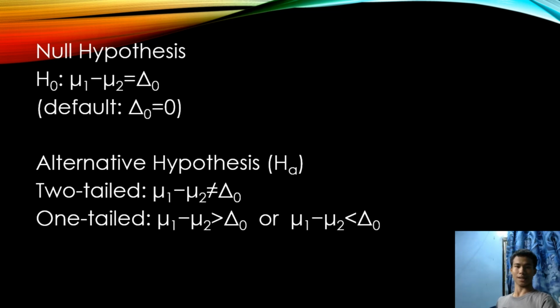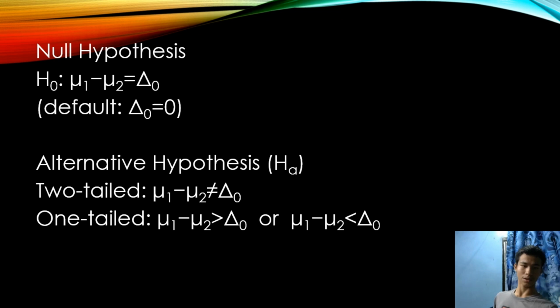The alternative hypothesis is a statement used in statistical inference experiments. It is contradictory to the null hypothesis. The alternative hypothesis has two formulas, one for two-tailed and one for one-tailed.